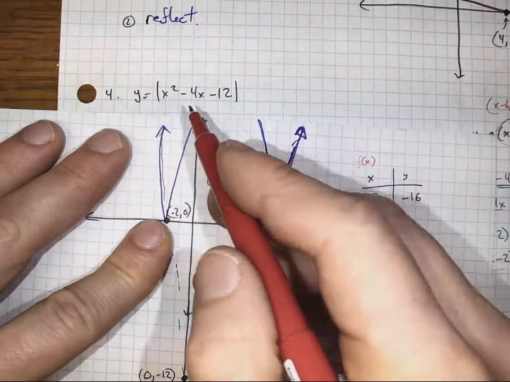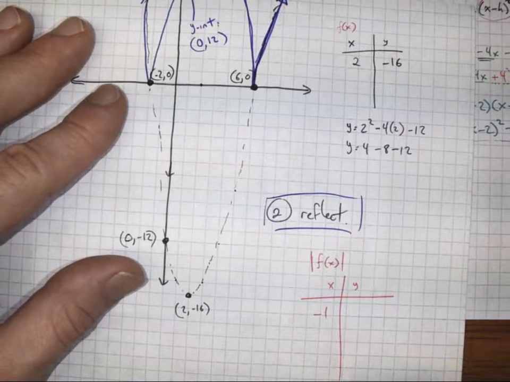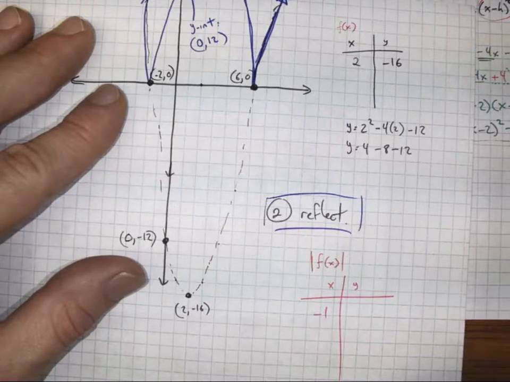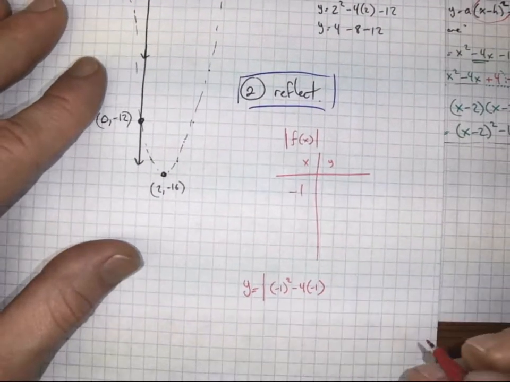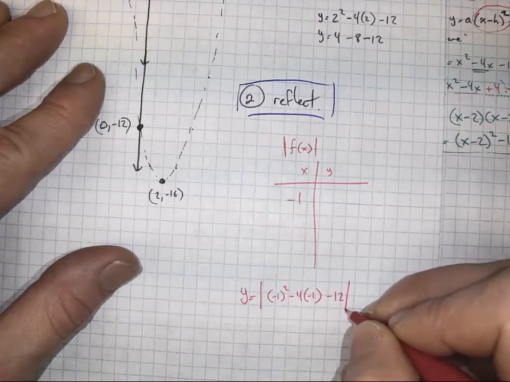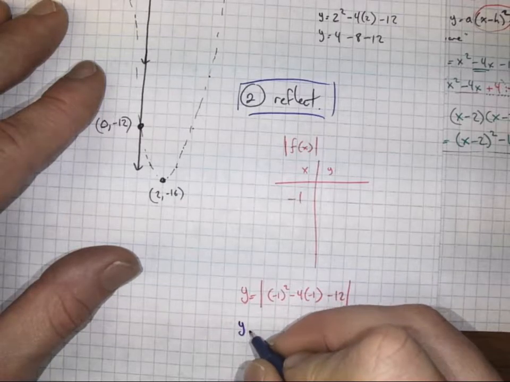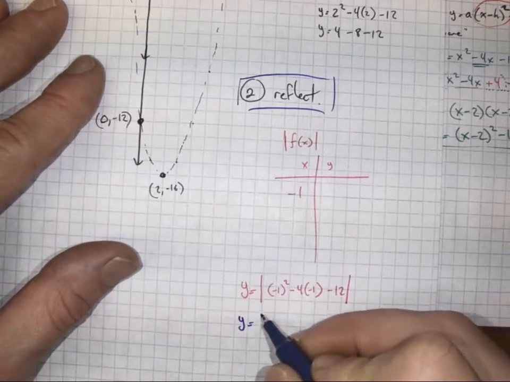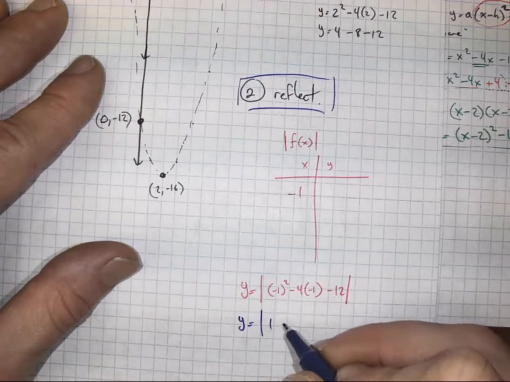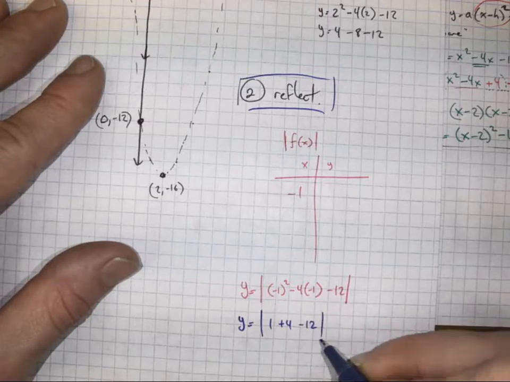And let's see what happens to this function as I put in negative 1 for x. So y is equal to the absolute value of negative 1 squared minus 4 times negative 1, minus 12. Close the bracket. Not a bracket, absolute value symbol. So again, y is equal to the absolute value of 1 plus 4, take away 12.